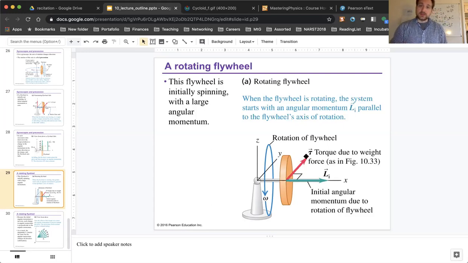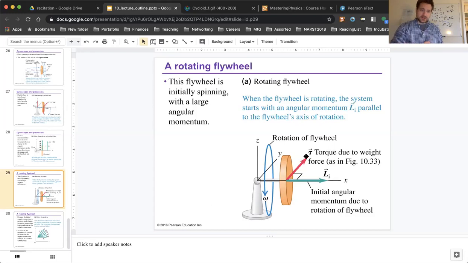And what happens? Think about circular motion, right? If we've got a mass at the end of a string, we keep applying that centripetal force to keep the mass spinning in a circle. We're pulling in a direction perpendicular to its velocity all the time.